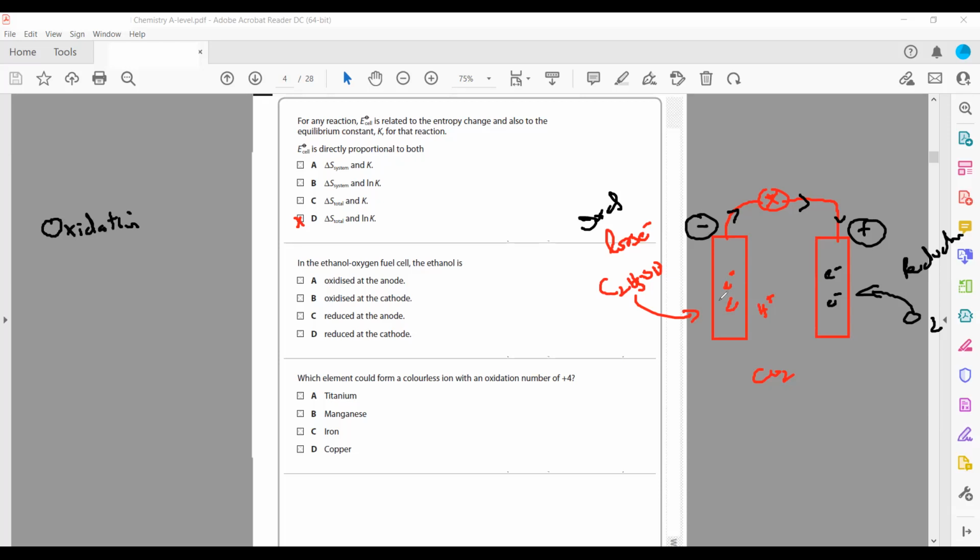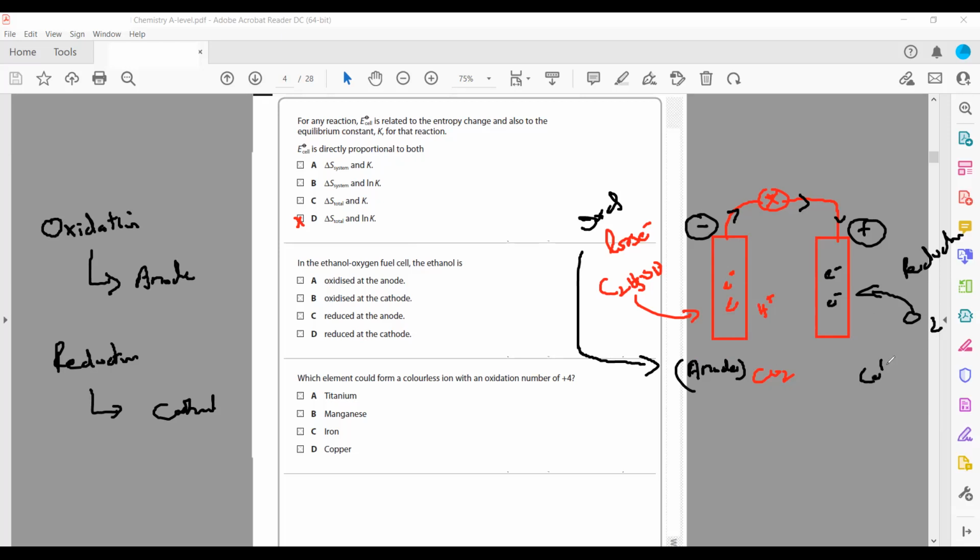What is this electrode known as? In terms of oxidation, this is known as the anode, because at the anode oxidation always happens, there is always a loss of electrons. And reduction always occurs at the cathode.